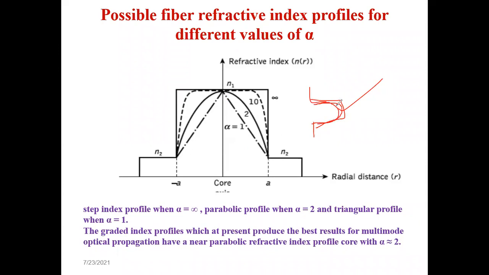That indicates that it will be a graded index fiber. In the book usually the notation that we get is this circle. But when we actually look for the profile, the shape, then we have to consider that particular value of alpha. So this is one important diagram.